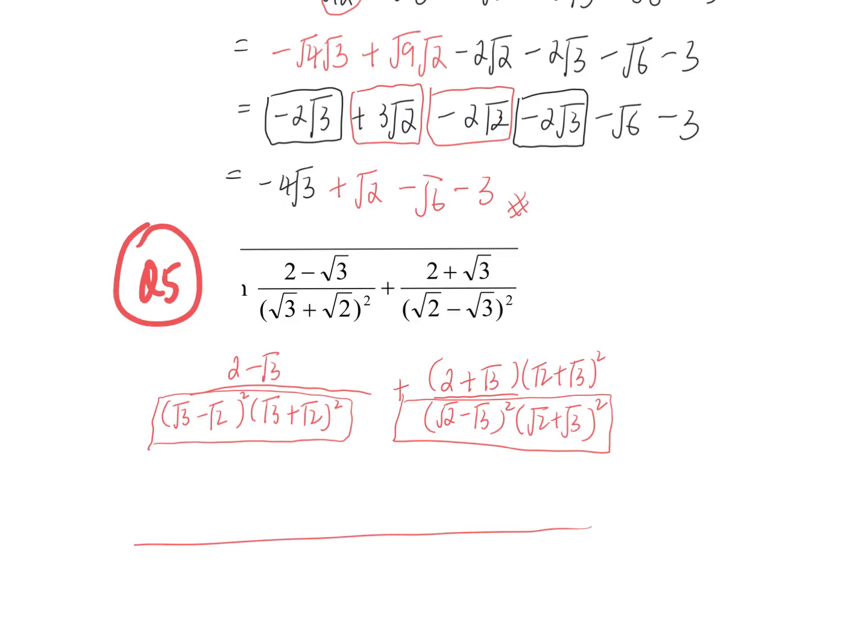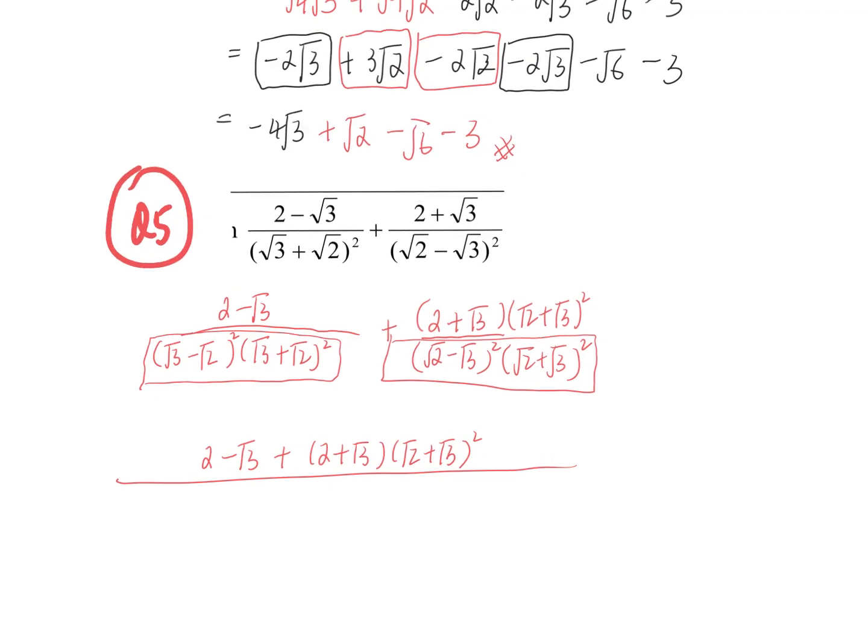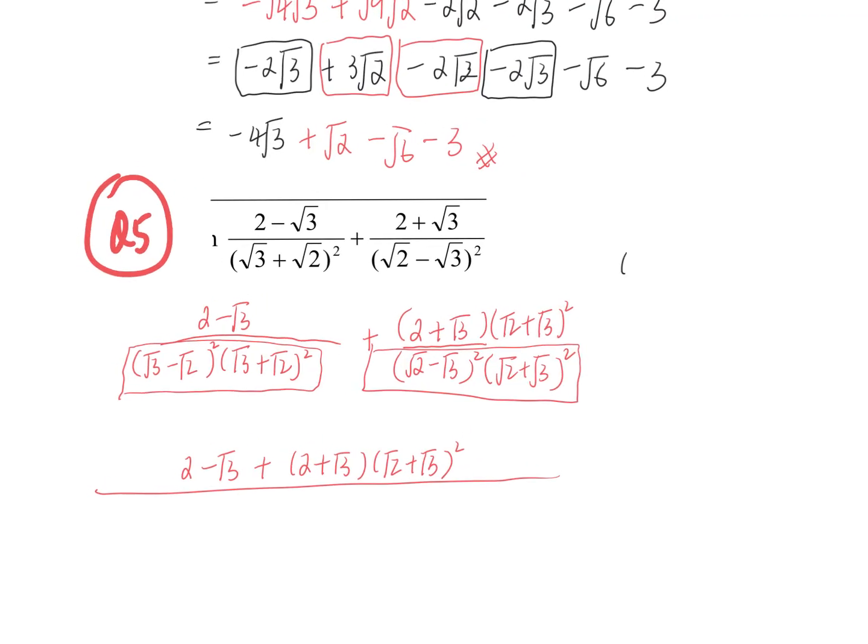So I can combine them into one. The denominator is actually quite special looking. Can you see that you have a plus b, a minus b, and then you actually square them? Oh, sorry. I should swap this over so that they are the same. That means instead of writing this, I should write it this way so that this is this.